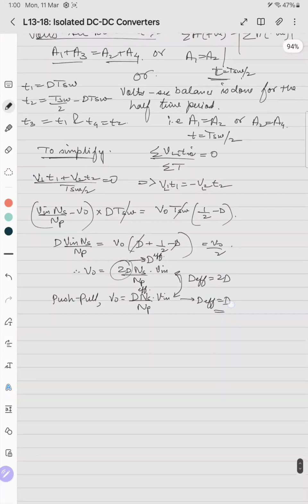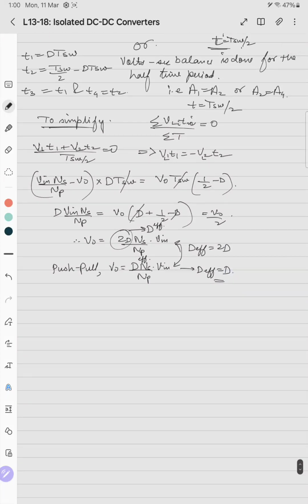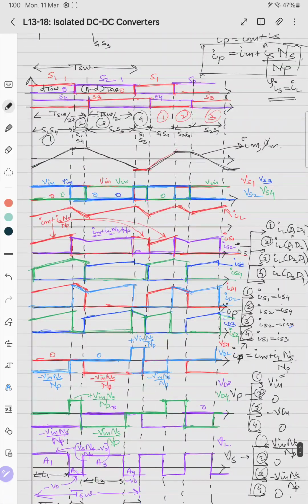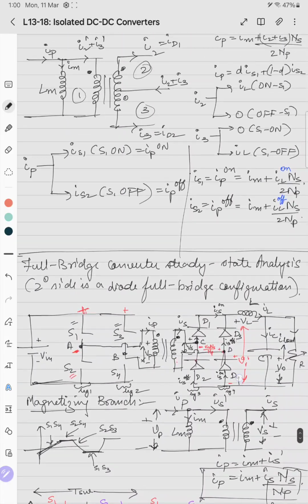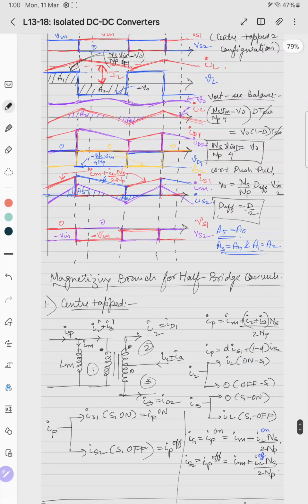And in half bridge condition, what was the voltage ratio for half bridge? What was V0? It was V0 is D by 4. I think there is some mistake here.